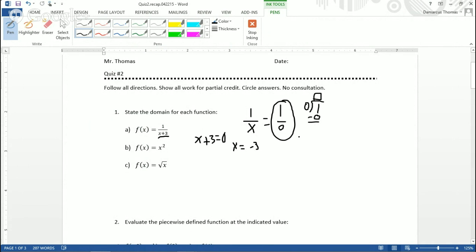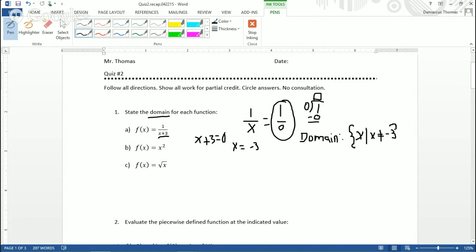So one way to state the domain would be to write it as a set: the set of all x's such that x is not equal to -3.